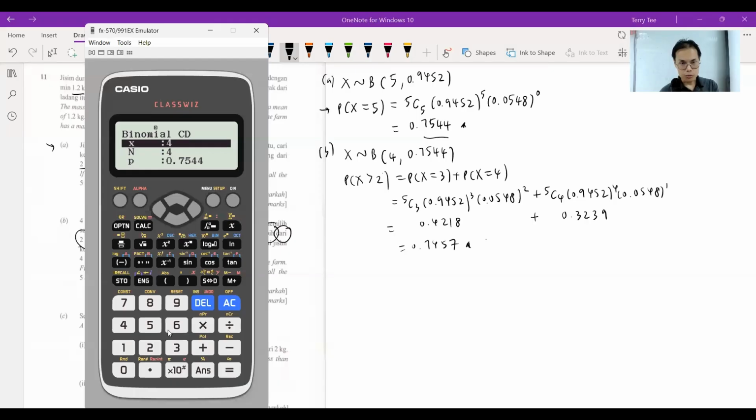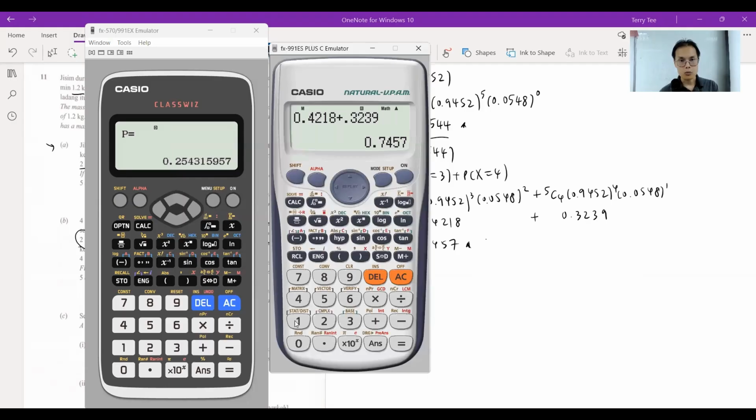So we let x be 2. Okay, your n is still 4. Your probability is still 0.7544. So you press equals. Then you can do mentally, if not use a calculator, take 1 minus 0.2543. Now notice you get the same answer, right? This answer is still 0.7457, right?